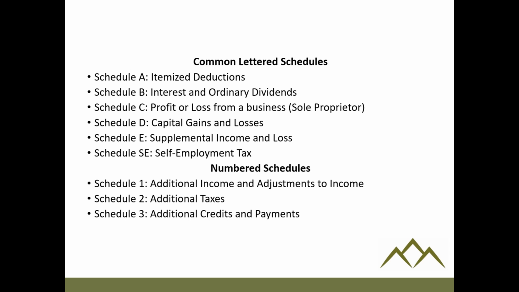Schedule 2 is going to be reporting additional taxes that you may pay, things that are calculated in addition to your sort of core income tax. And then Schedule 3 is going to detail any additional credits or any tax payments that were made, with a level of detail that it's easier for you to see exactly where it's coming from.